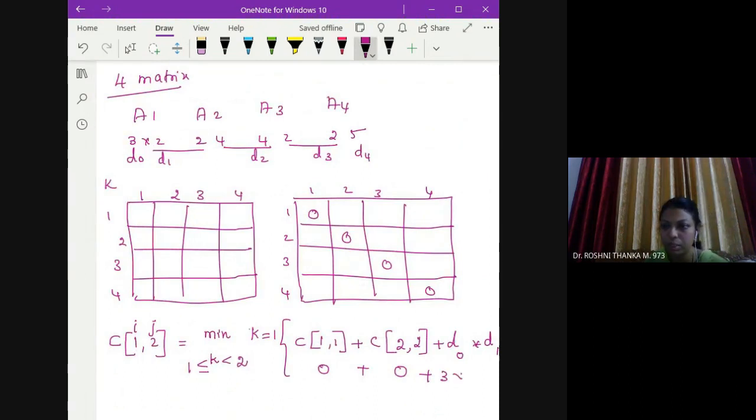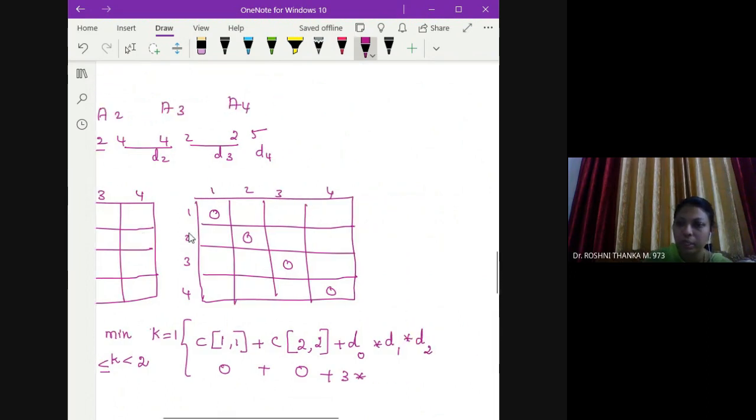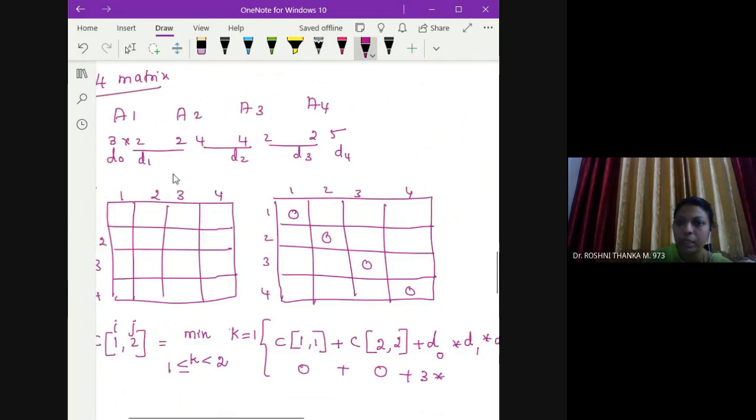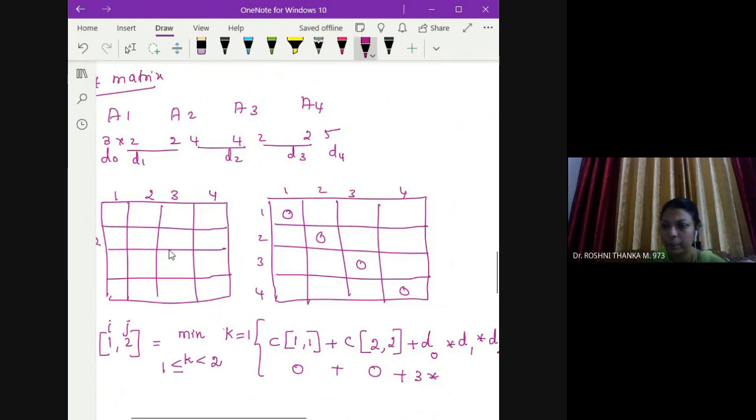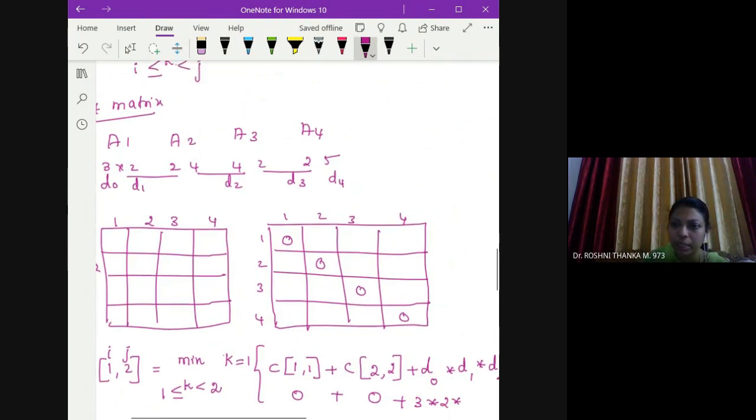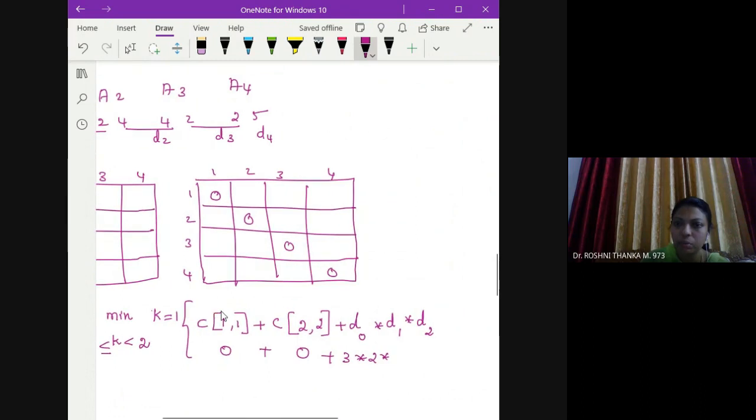So 3 into the next value, d1. What is d1 here? 2. 2 into d j, that is d2. What is d2 here? 4. So it is 3 into 2 into 4. What is the answer? 24.